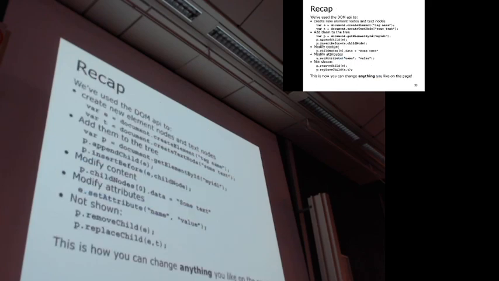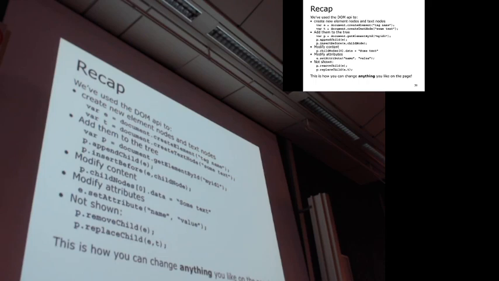Okay, so this was a very small, simple example: we just click and then an ordered list disappears or reappears. If you think about all the things that we've done, we have created new elements and nodes and added them to the tree at the place that we wanted them to appear. We've modified content, attributes, and styles. We have not removed stuff, but we can also do that with the DOM.